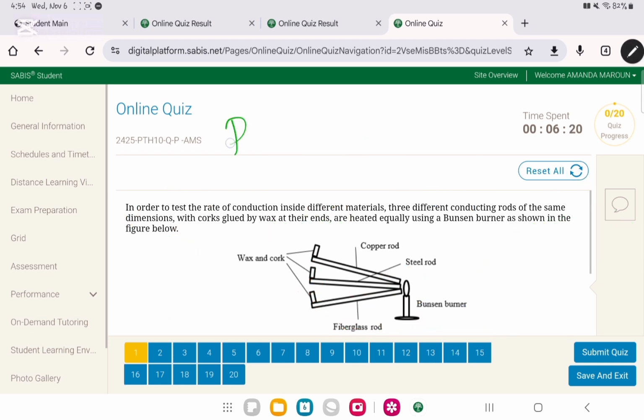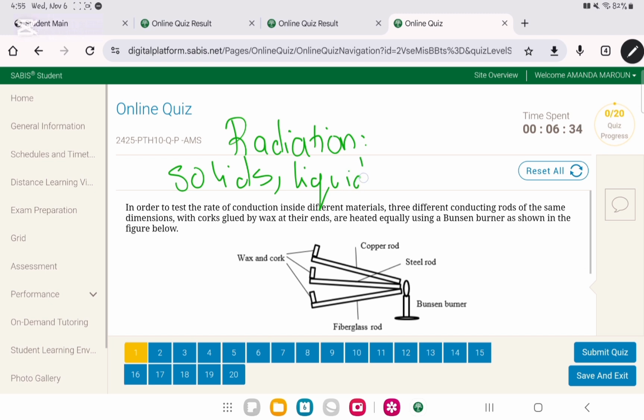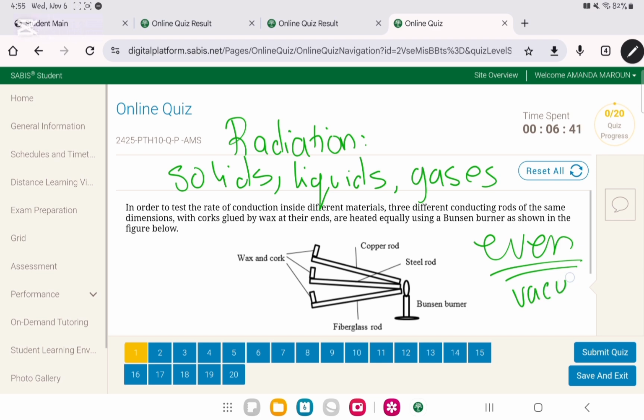Now finally, the last type of heat is radiation. Radiation can happen in any type, meaning solids, liquids, gases, and even, pay attention, even vacuum. That means, for example, from the sun, let's draw, for example, this is the earth and this is the sun.